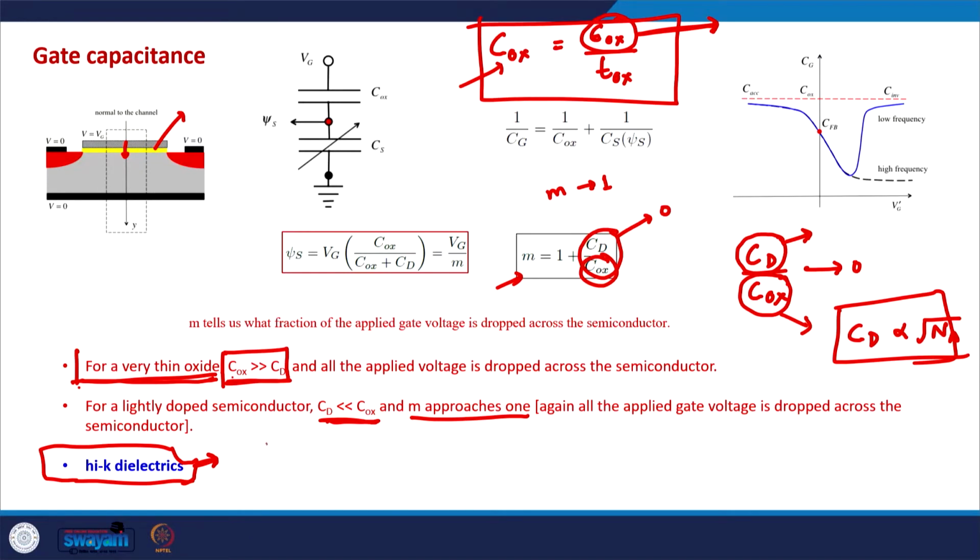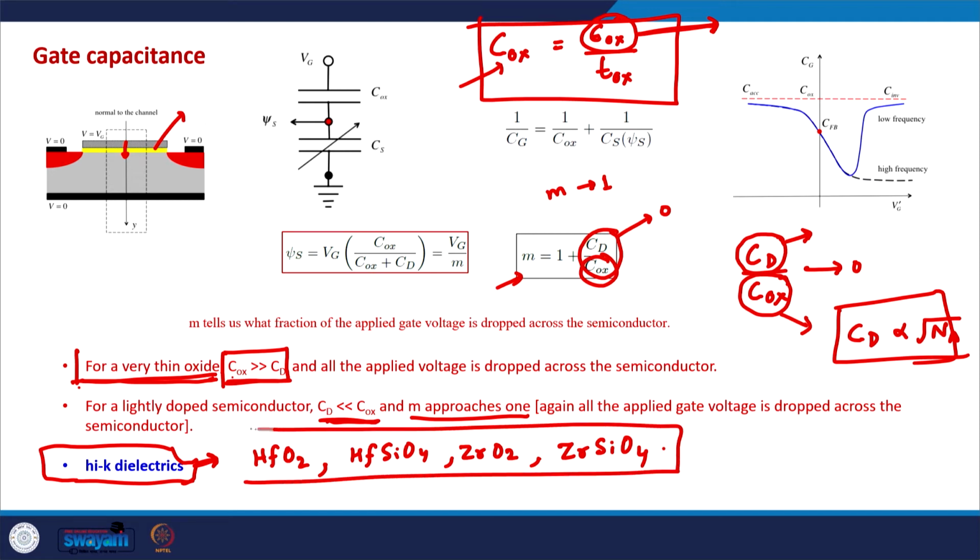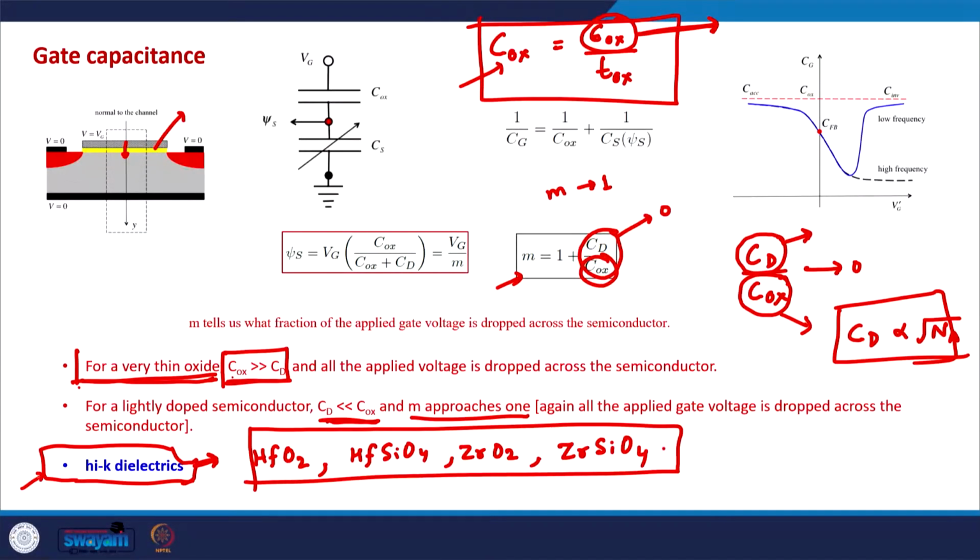But generally the high K dielectrics that are used in MOSFET fabrication are hafnium dioxide, hafnium silicate, zirconium dioxide and zirconium silicate, because these dielectrics seem to have a high dielectric constant, as well as they can be fabricated in a much better way as compared to the other oxides. Okay, so we will again come back to this point of high K dielectrics.